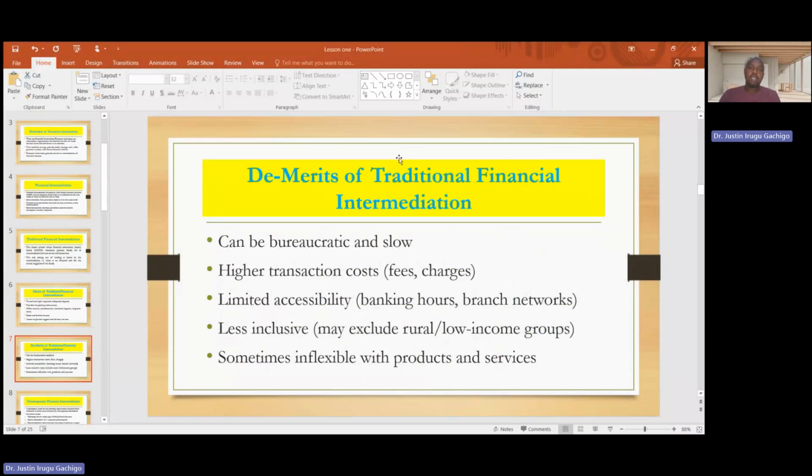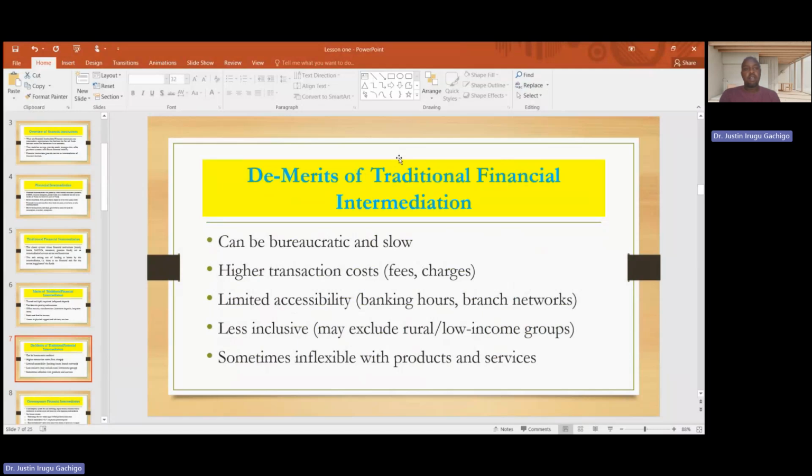You find that the banking hours in most cases run from 8 a.m. to 5 p.m. And not all banks or financial institutions have branches near you. Less inclusive. These financial institutions exclude people in rural areas and those with low income.